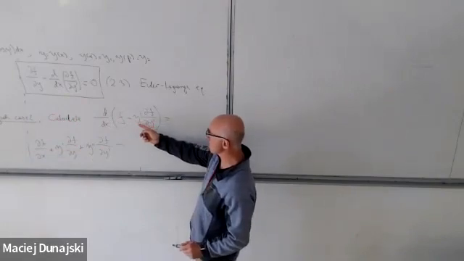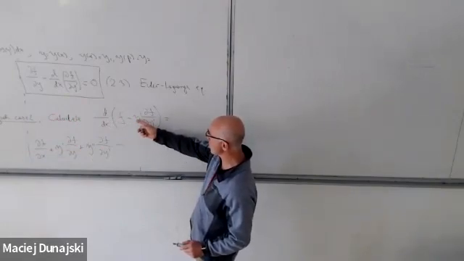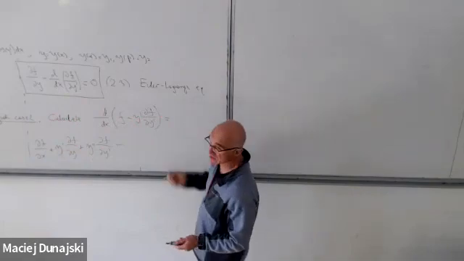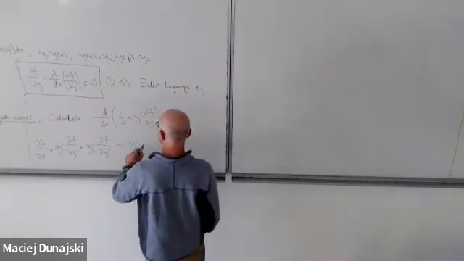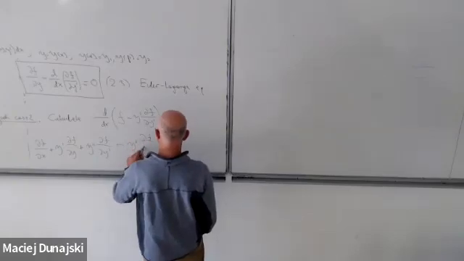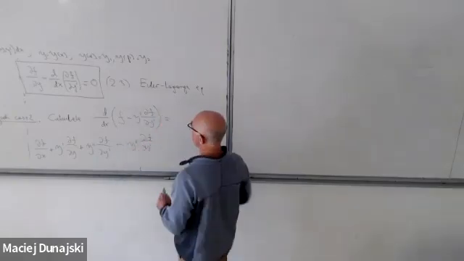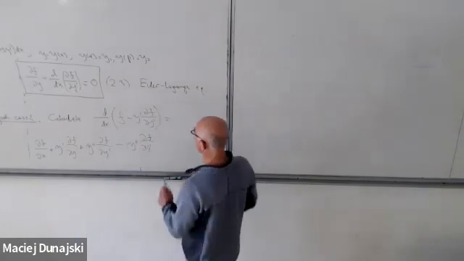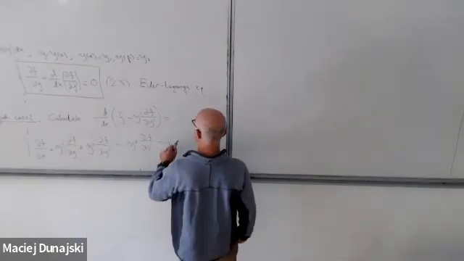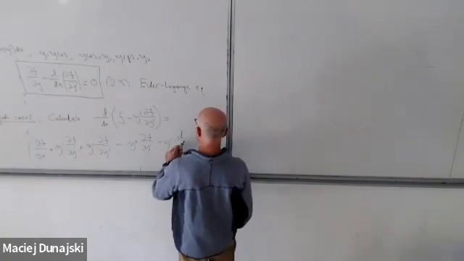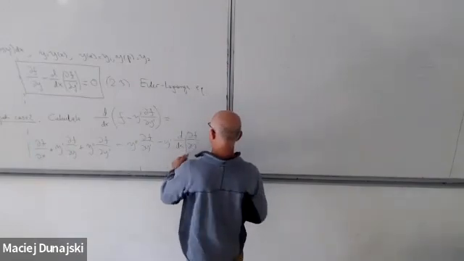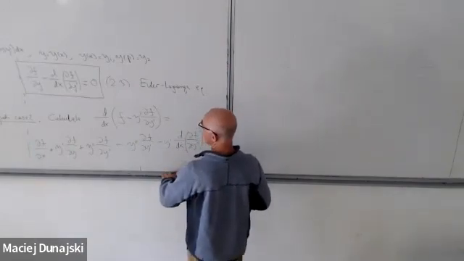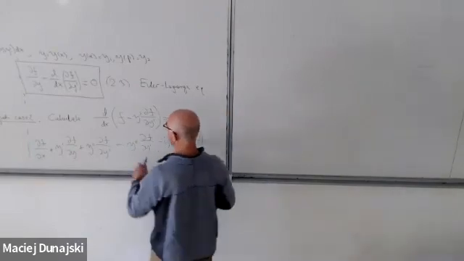Now I'm using the product rule. The first term I need to differentiate is y prime, but its derivative is y double prime. So I have minus y double prime df by dy prime. And then I need to differentiate this, so I write minus y prime d by dx of df by dy prime.